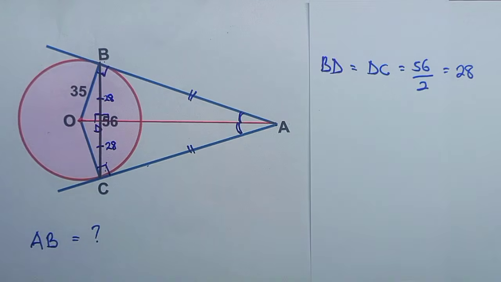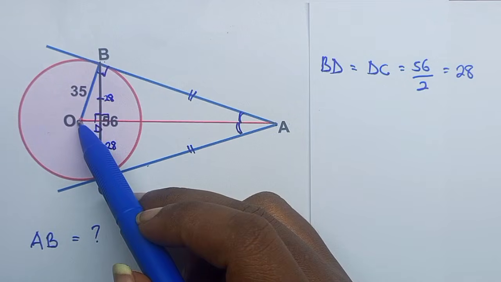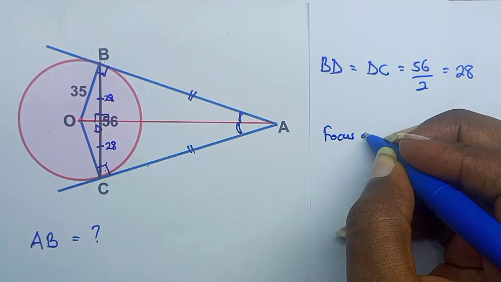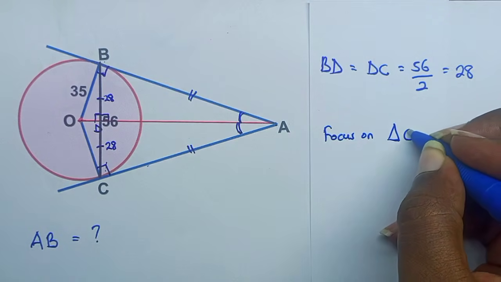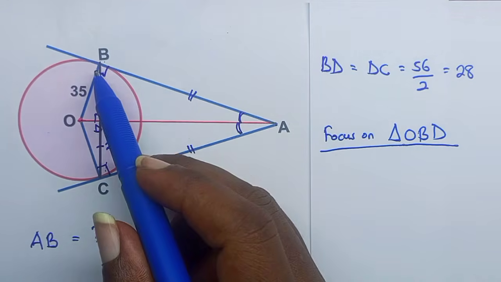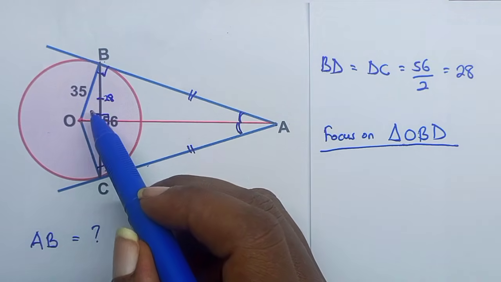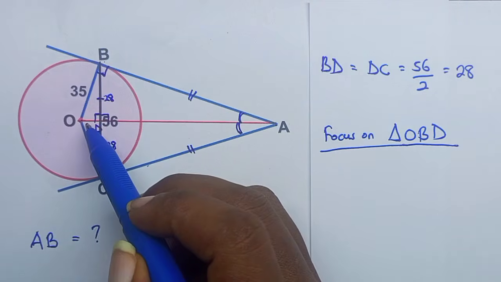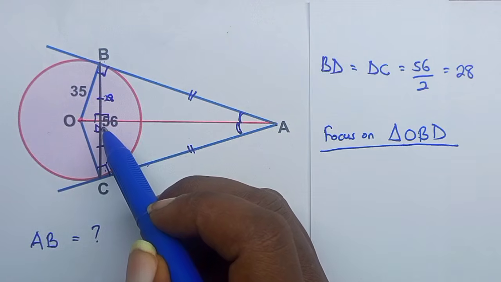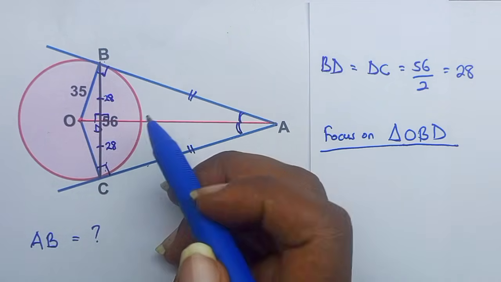Also, DC is 28. Now, if we focus on this triangle OBD, it's a right angled triangle with hypotenuse OB, the base is OD, and the height is BD.